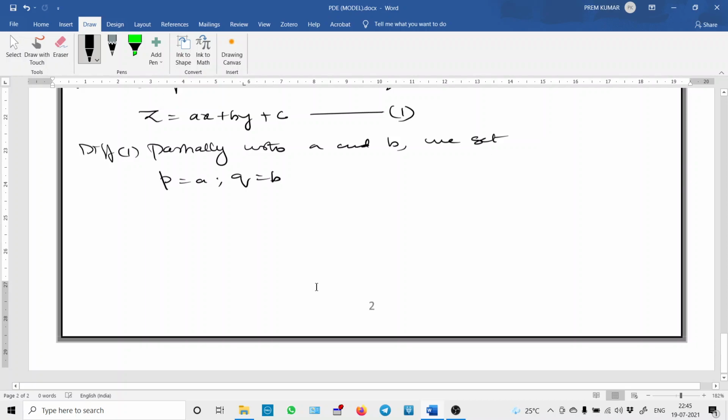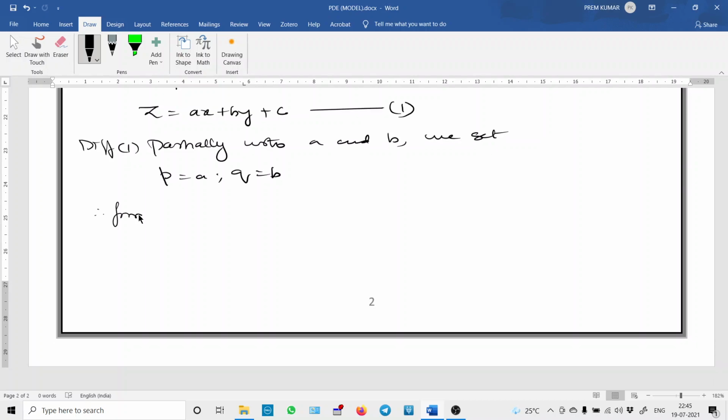Therefore, substituting this above in 1, we get square root of a plus square root of b equals to 1, which implies square root of b equals to 1 minus square root of a, which implies b equals to (1 minus square root of a) whole square.